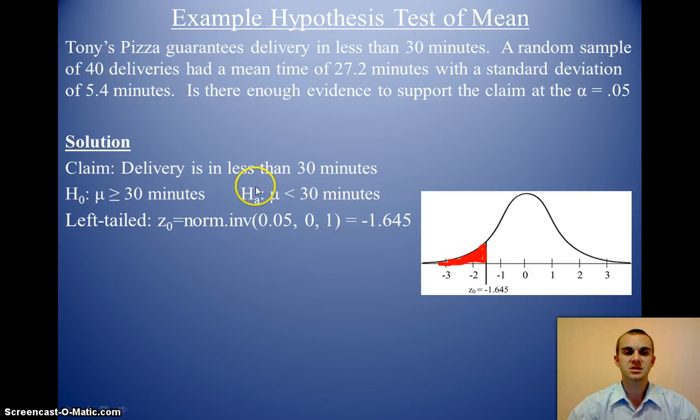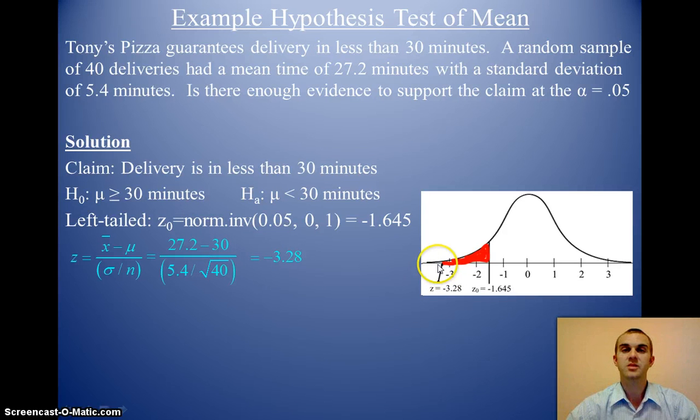Now I can find my z-score for my sample. In this case it's 27.2 minutes. I'm testing at 30 minutes. My standard deviation was 5.4, and the sample size is 40. When I simplify this entire fraction, I get negative 3.28.